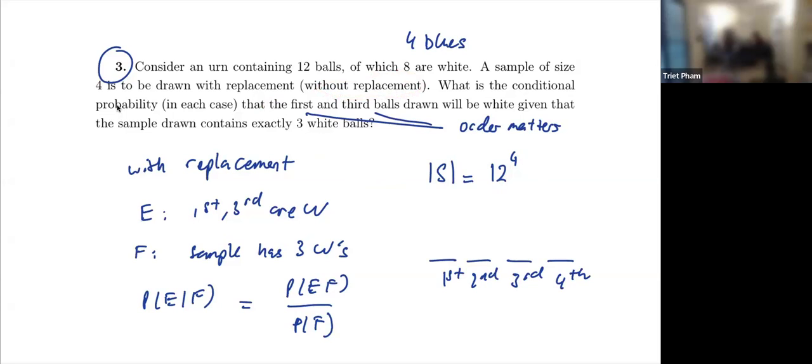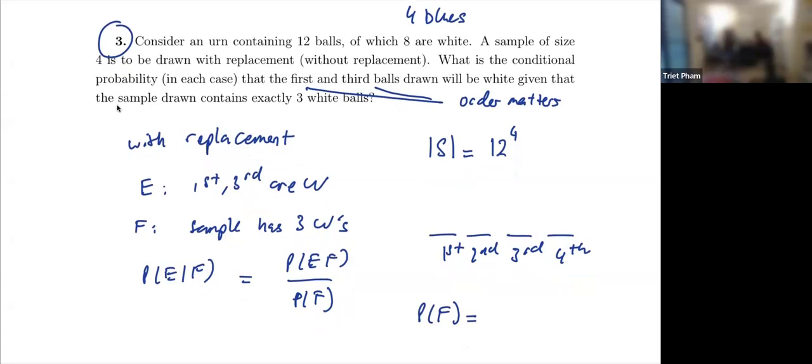So let's look at PF. What should PF be in this case? PF is divided by 12 to the 4th, right?